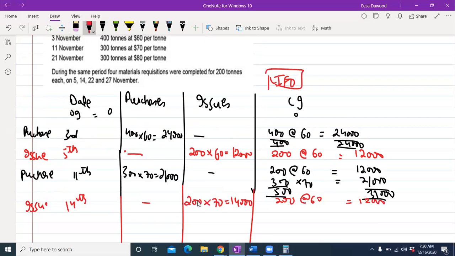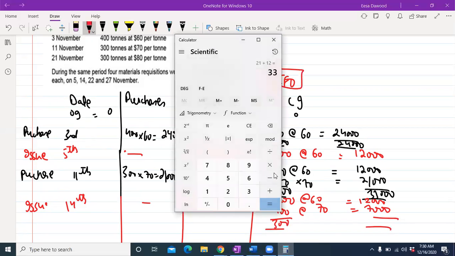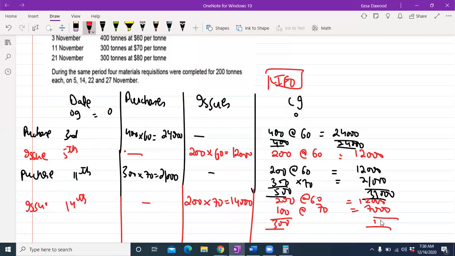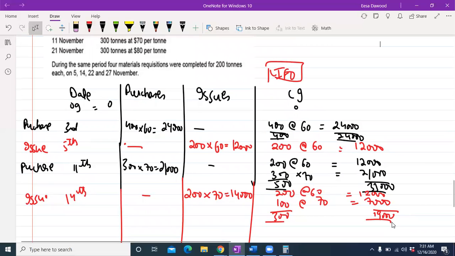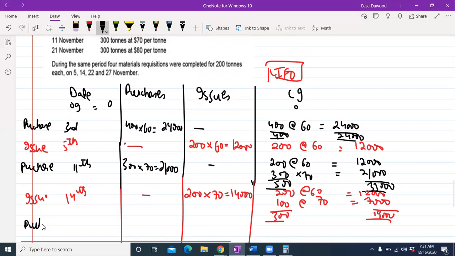And from the 300, we issued 200, but we still have 100 units from that batch, 7,000. So 12 plus 7 is 19,000. Next, after 14th, on 21st, we have purchases: 300 units at 80, which is 24,000.